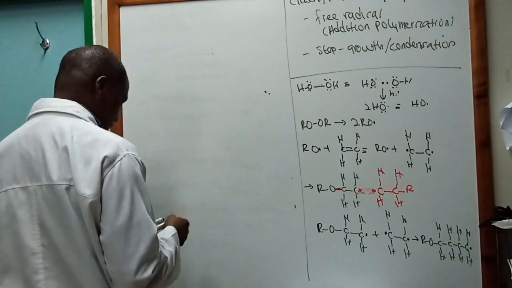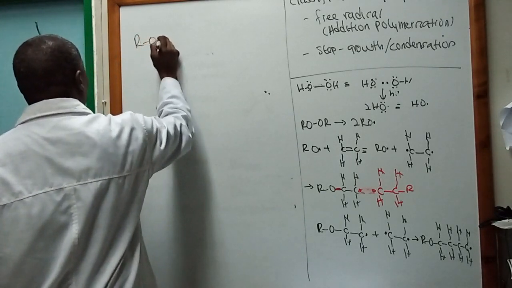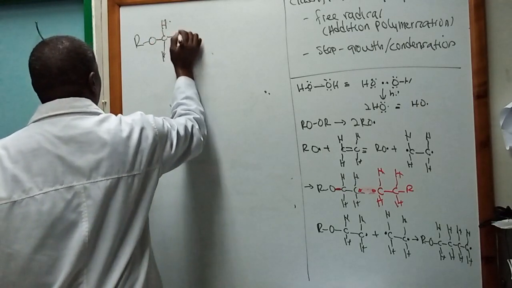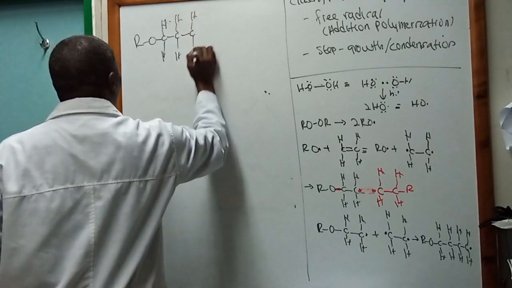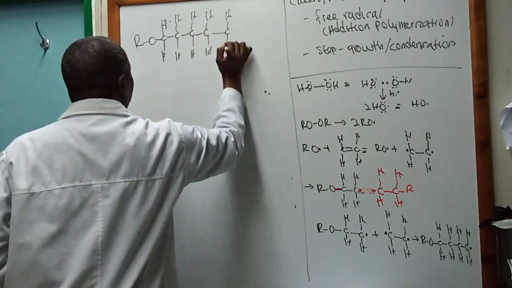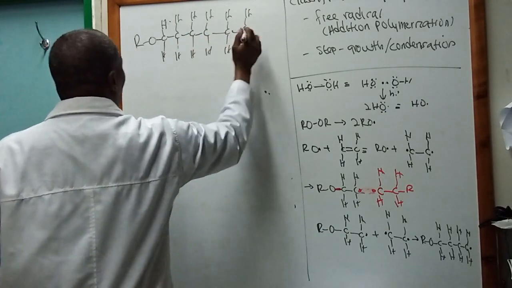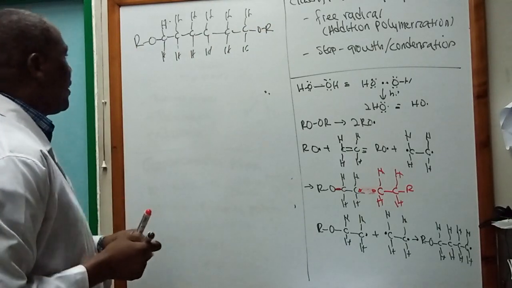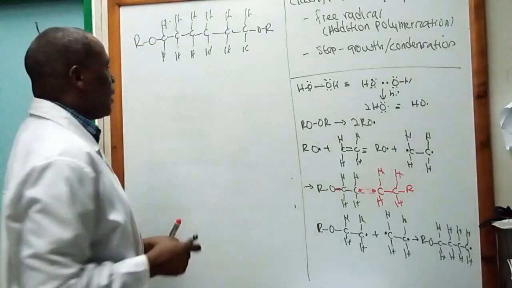If this is like the chain of, okay, let me put it like this. 1, 2. Okay, this is just like a small chain here. I'm just trying to say maybe this is like the overall chain.